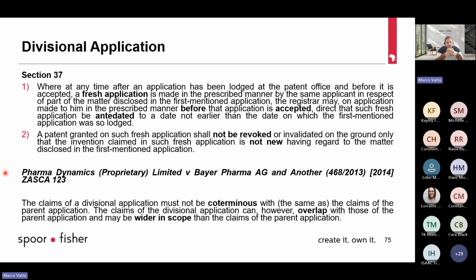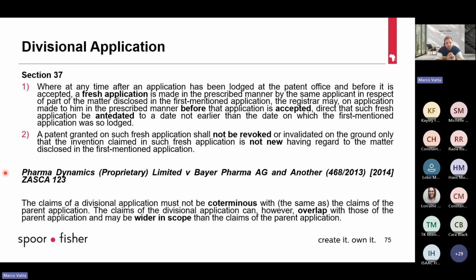So what would happen in practical terms is the same description is filed for the divisional application because the disclosure is the same, but your claims would be directed to a different part of that invention.